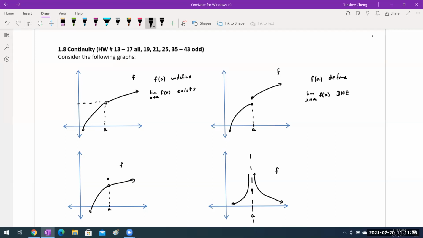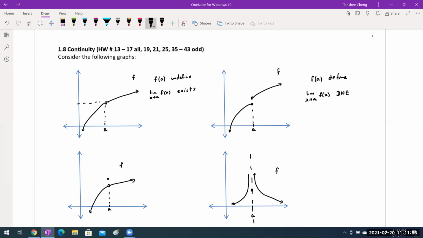From those two, what I want to point out is that in geometry, when we say continuous, we can put a pencil down and start drawing from anywhere without lifting up the pencil, and continue drawing. We call those continuous in geometry.